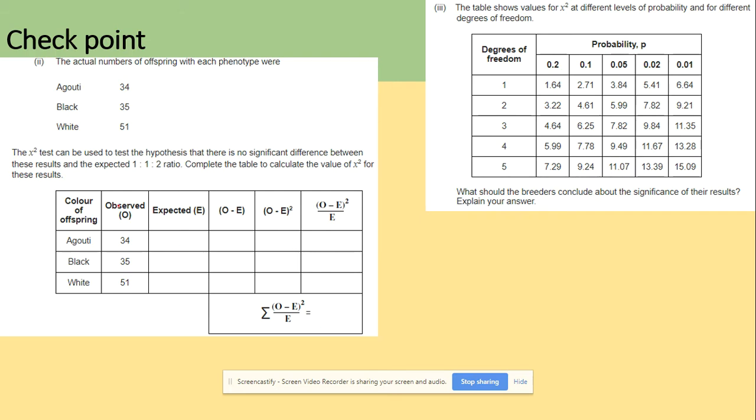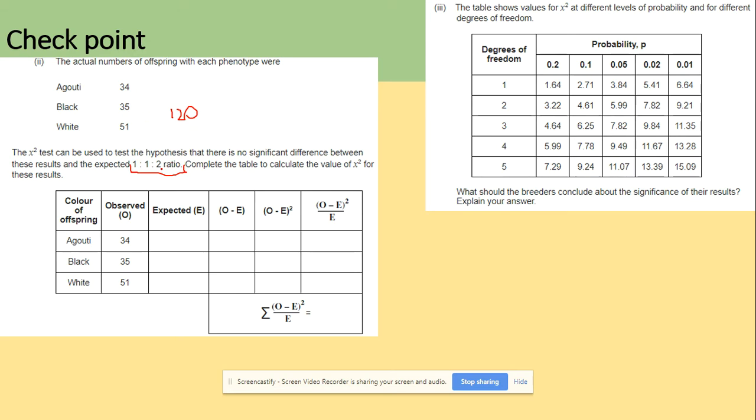But to do so, you need to observe unexpected values. And here we've got the numbers, okay, of those phenotypes, and we can work out the total of them and then apply the ratio. So if we add 34 and 35 and 51, we are going to get 120. So this is the total.